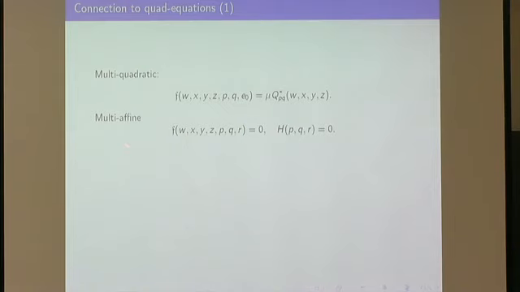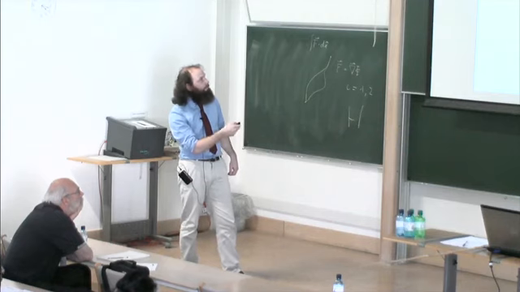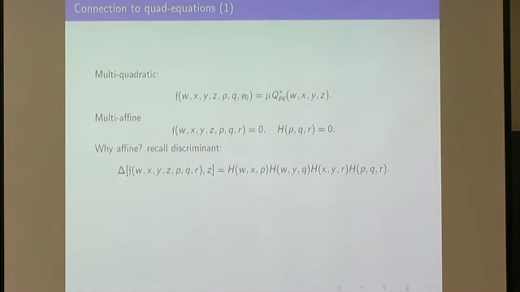In the multi-affine case, it involves this H again. So if we impose that the three, let's say, parameters of the model are constrained so that they are related by the curve, then this F becomes, its discriminant vanishes, right?